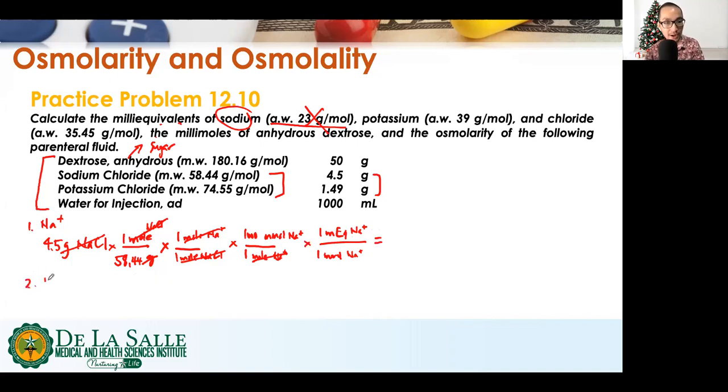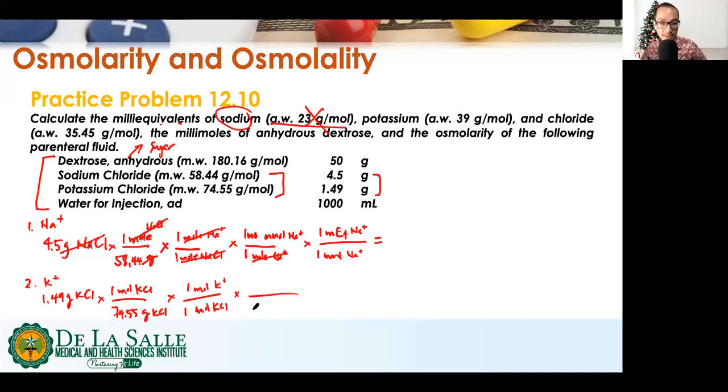Next, how about the MEQ of potassium? For potassium, I will do the same thing. I have 1.49 grams of potassium chloride. I will multiply it by the inverse of the molecular weight of potassium chloride, 74.55 grams of potassium chloride per 1 mole. Times, I know that 1 mole of potassium chloride contains 1 mole of potassium ion.